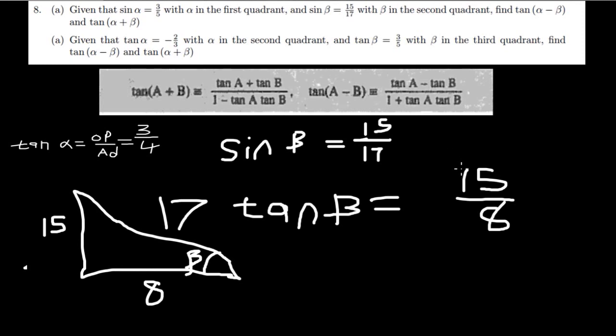And we know that tan is negative in the second quadrant according to this. In the first quadrant all the trig ratios are positive. Then in the second quadrant only sine is positive, in the third quadrant only tan is positive, and in the fourth quadrant only cos is positive.